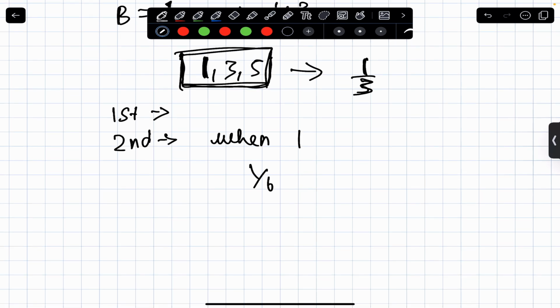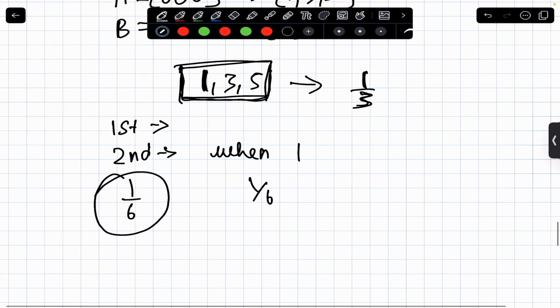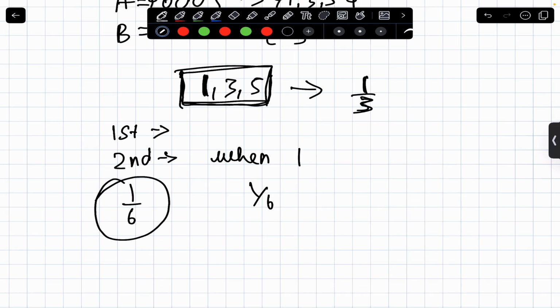1 by 6. How? Because we have one favorable outcome and a total of 6, so the probability is 1 by 6, when we don't know whether it is odd or not. But when we know that it is odd, the probability is 1 by 3.